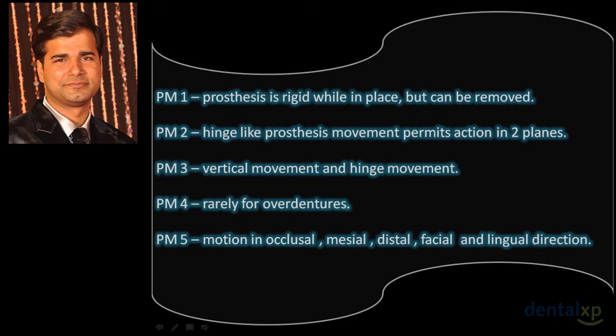Independent magnets provide excellent retention but poor stability of the prosthesis. An O-ring or ERA attachment also corresponds to 6 directions of motion. However, the implants may need to remain independent to permit a PM6 range of motion.